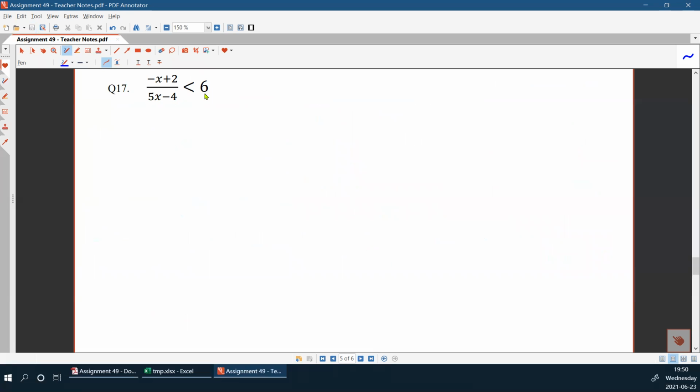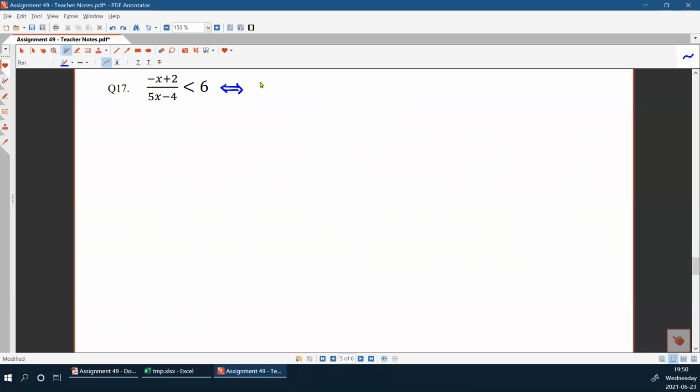Okay, question 17, we have x or unknown quantities in both numerator and denominator. In this case, do not multiply 5x minus 4 to both sides because you don't know the sign in front of it. It could be positive or negative, right?